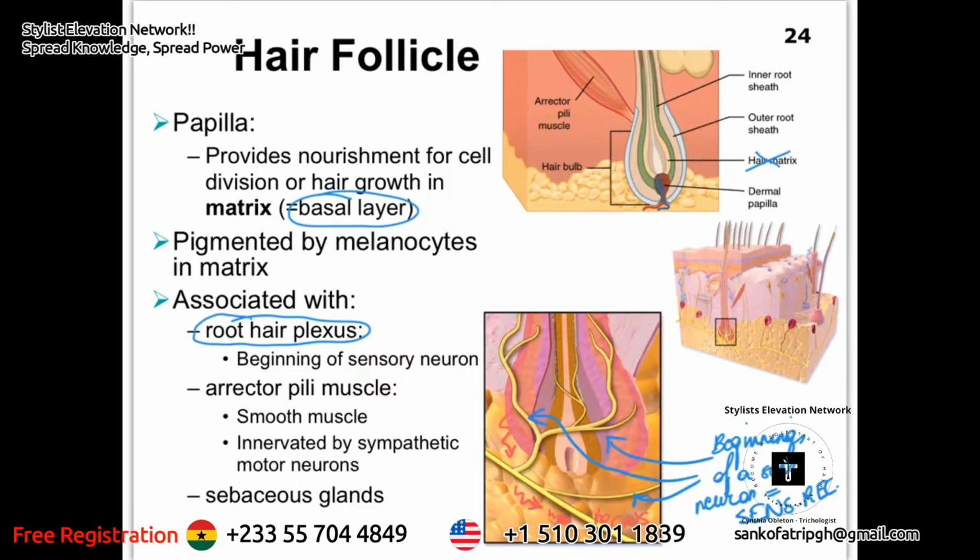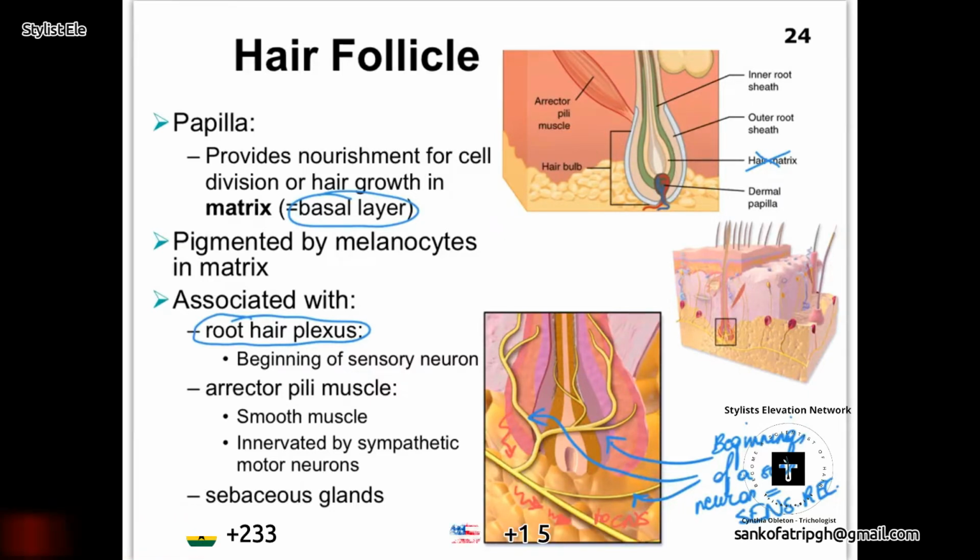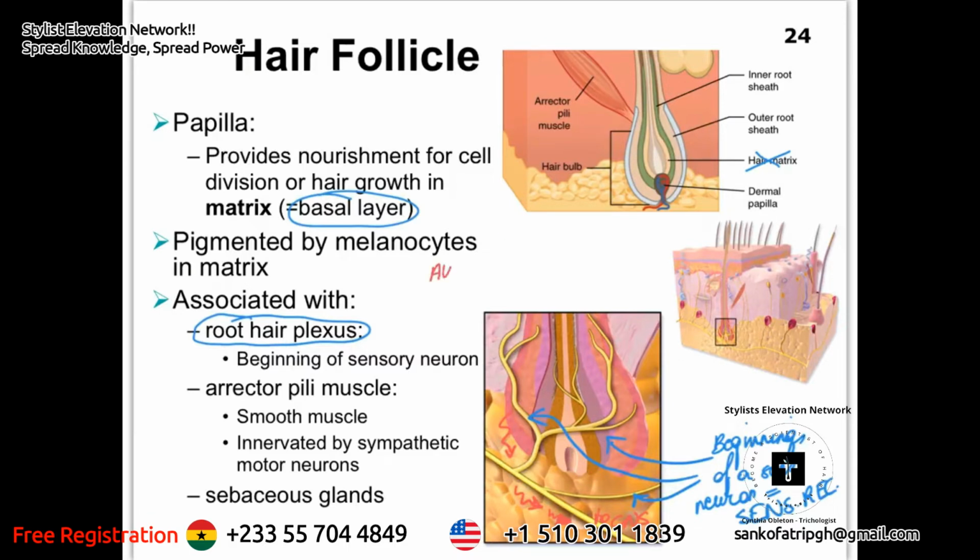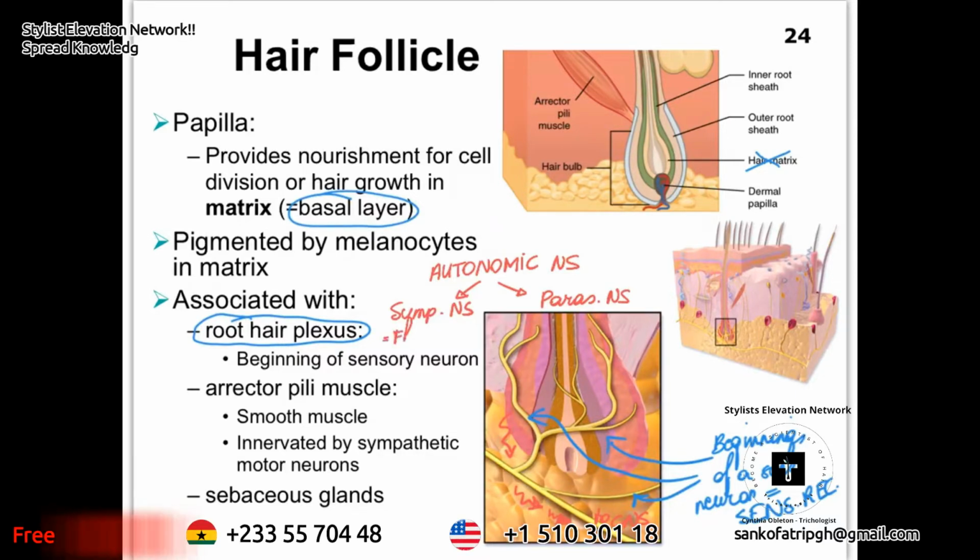So there is a branch of the nervous system called the autonomic nervous system, not automatic, but autonomic. And it has two sub-branches, called the sympathetic and the parasympathetic nervous system. You may have learned to call our sympathetic nervous system our fight or flight system.